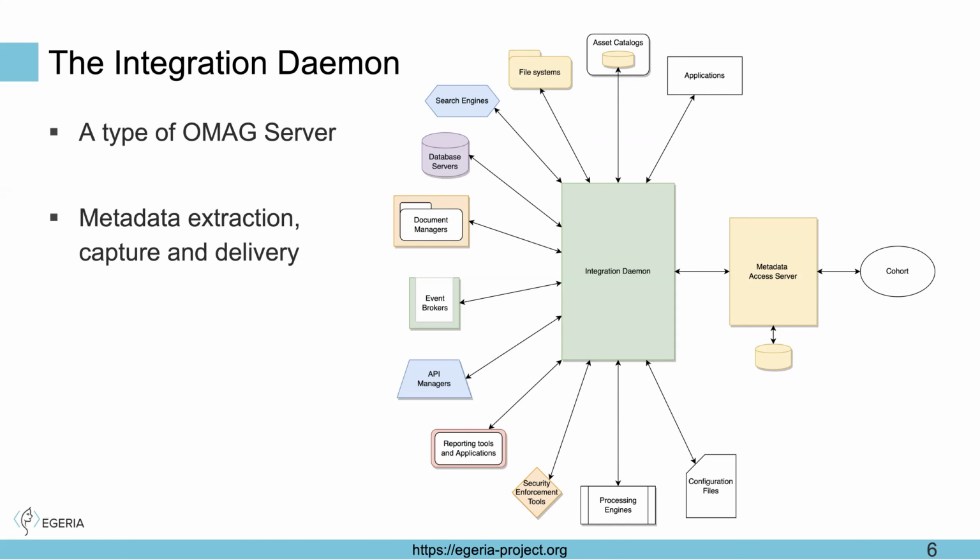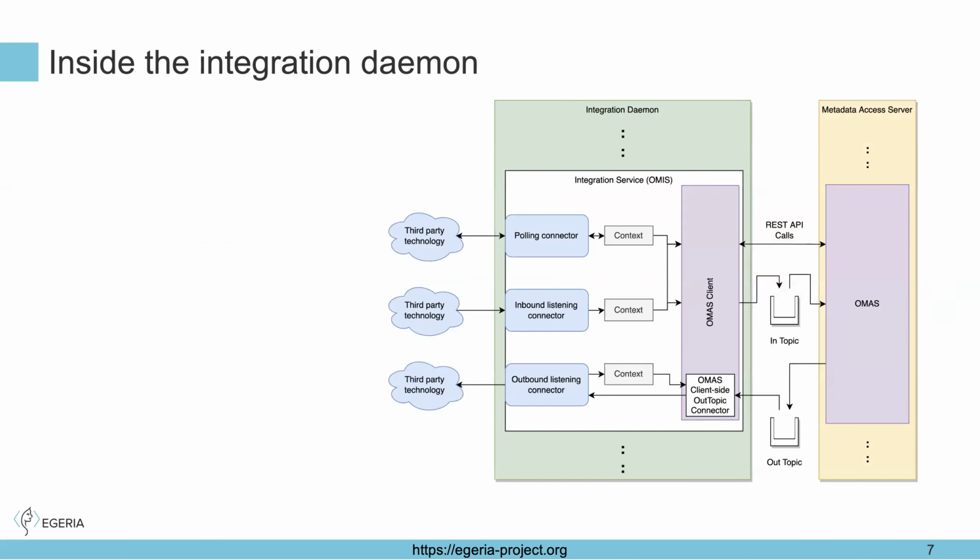So I'm going to switch to the next chart, and this is looking inside the integration daemon. So the green area is the server itself, and it's responsible. Well, let's start in the middle actually. So in blue there are a set of connectors, different styles of connectors. That's the integration connector. That's the topic that we're talking about.